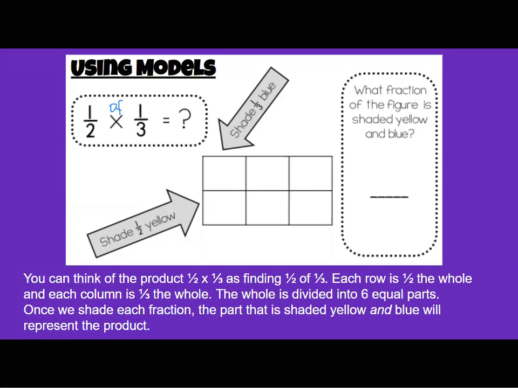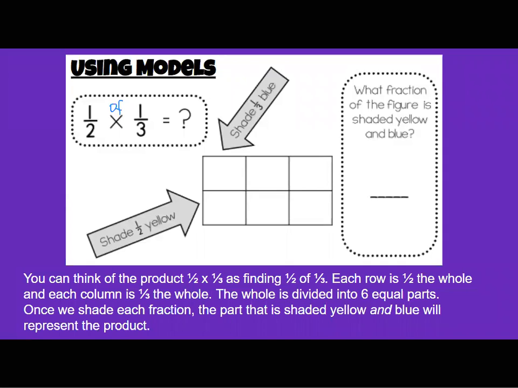Each row is half the whole, so we have 1/2 here and 1/2 here, and each column is 1/3 of the whole, so we have 1/3, 1/3, and 1/3. The whole is divided into 6 equal parts. So once we shade each fraction, the part that is shaded yellow and blue will represent the product.